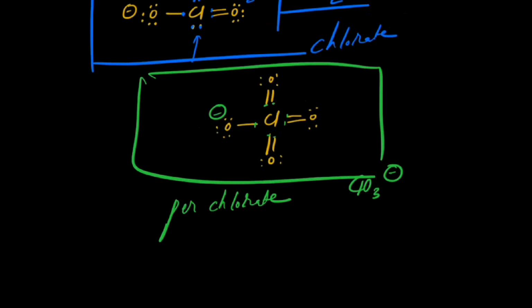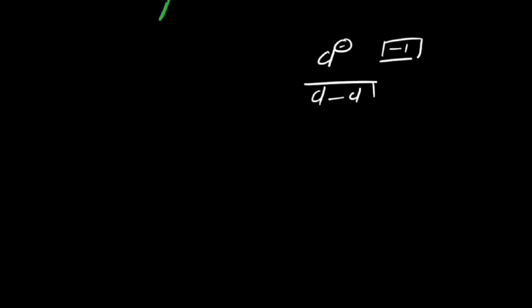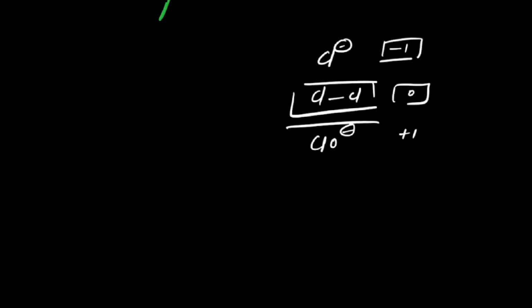ClO4 minus. So let us look at all the oxidation states of chlorine. In Cl minus, oxidation state of chlorine is -1. In Cl2 or ClCl, oxidation of chlorine is 0. And in ClO minus, oxidation state is +1.